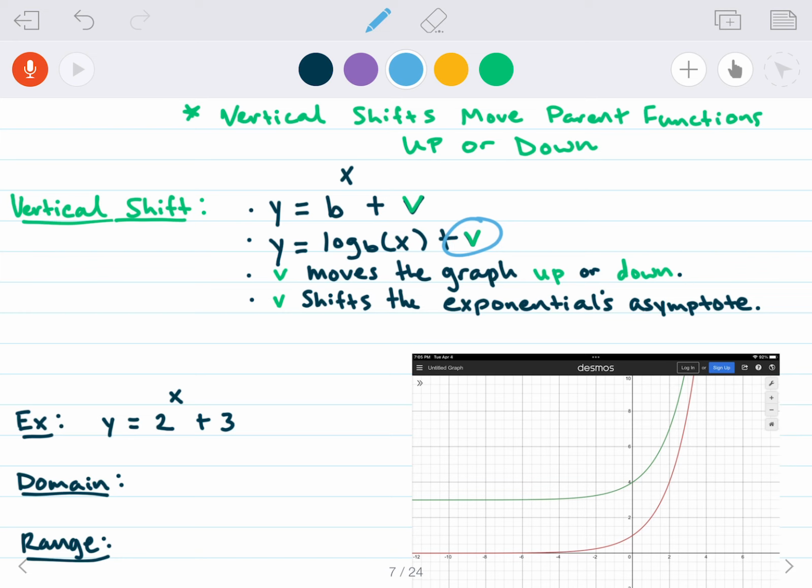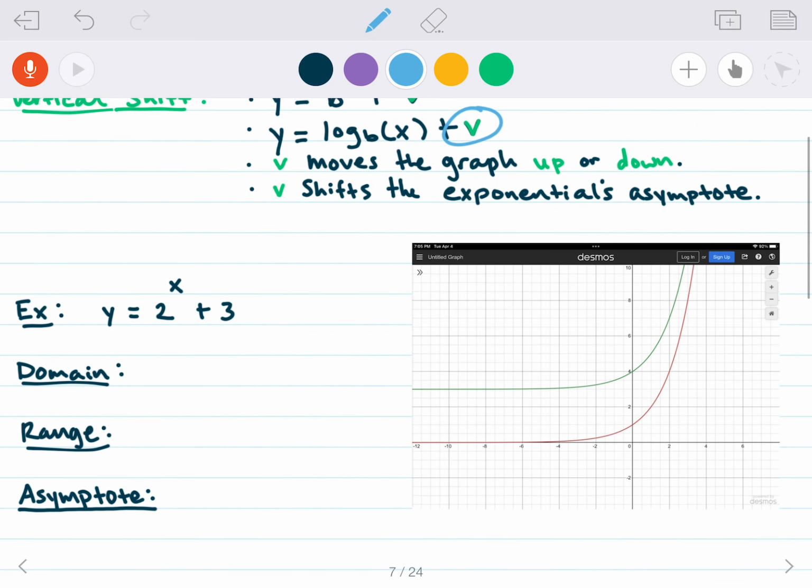Okay, so the vertical shift is also going to move the exponential's asymptote, but it's not going to do anything to the log's asymptote. So let's just look at some examples here of vertical shifts. Here I have the function y equals 2 to the x plus 3, and you can see it in this graph right here.